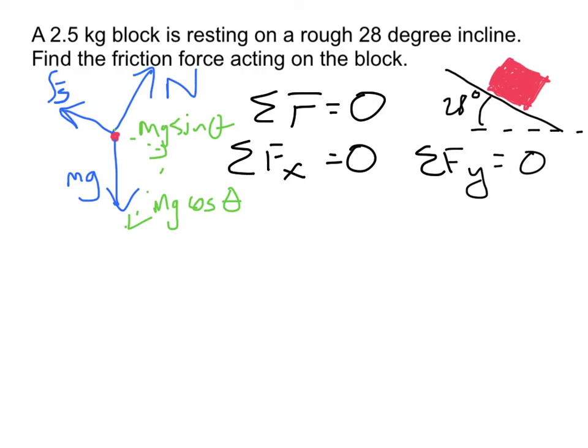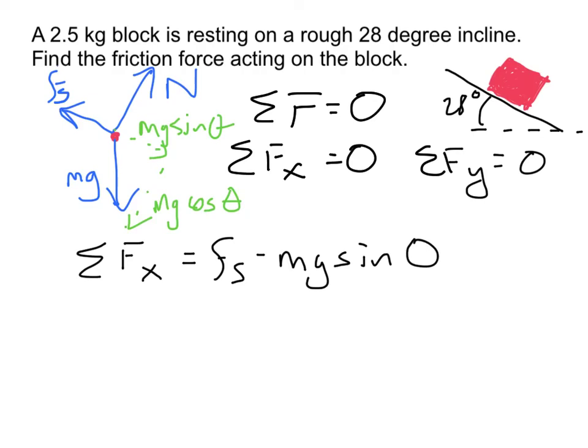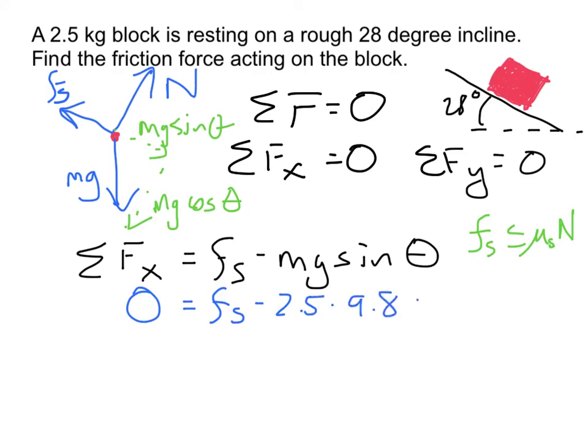If we set up a net force equation in the x direction, it's going to include friction and the x component of the weight. Now you may also remember that static friction has this equation, but this is for the maximum static friction, which this may or may not be. And we know everything else: we know this is 0, and we know mg, and we know sine theta, so that's all we need.